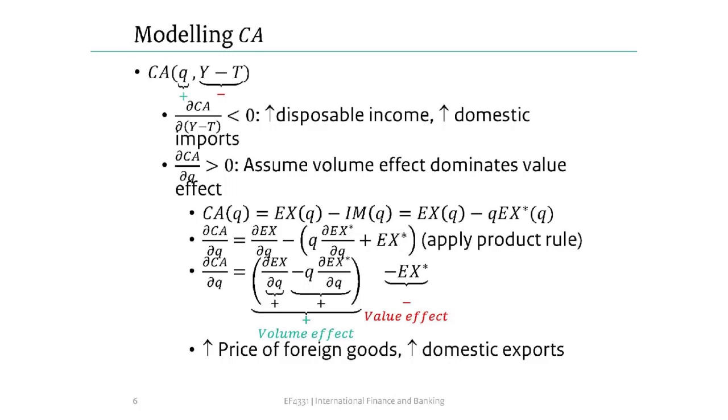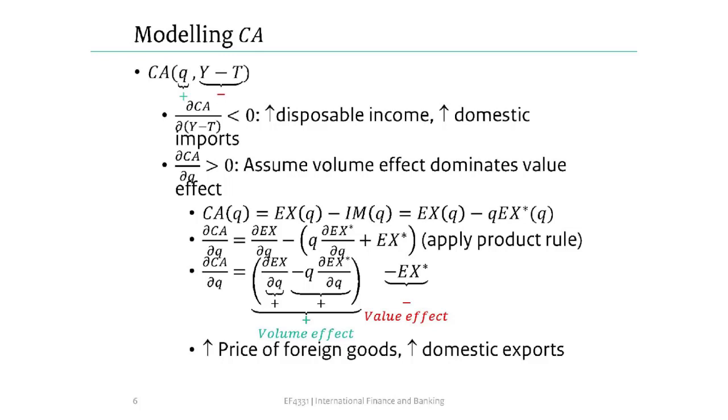Now this part. If foreign price levels are increasing, as we see from an increase in Q, then the change in foreign exports should be which direction? Positive or negative? Yes, negative. Because if their goods are more expensive, everyone is substituting away from them. So their exports are going down and our exports are going up.